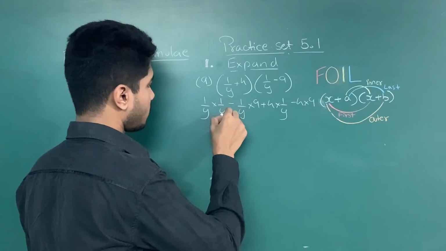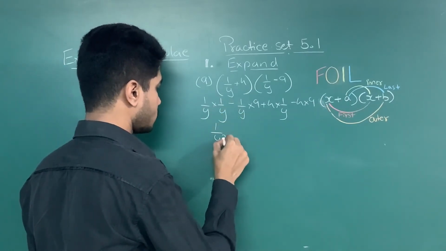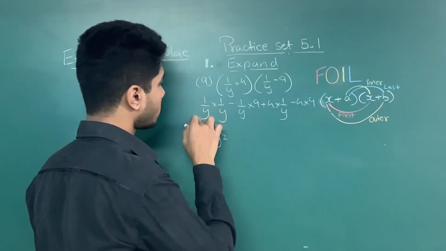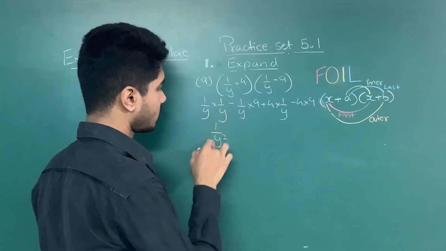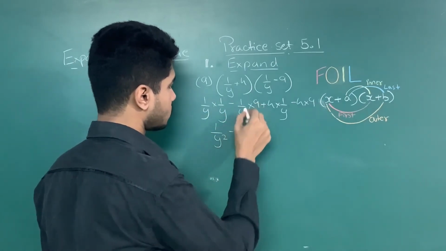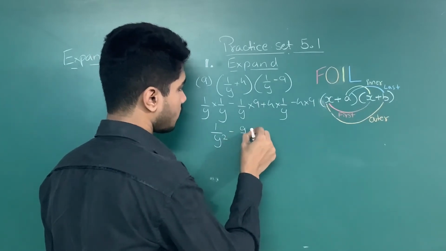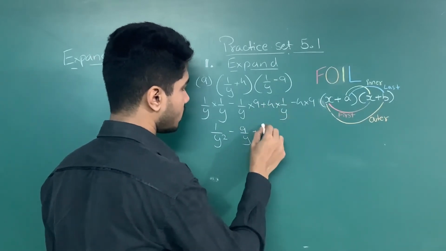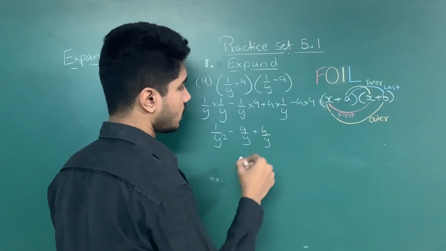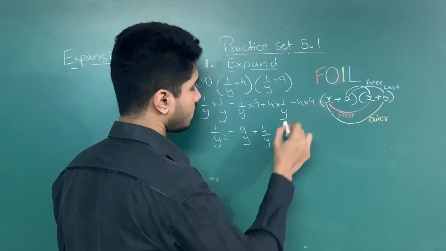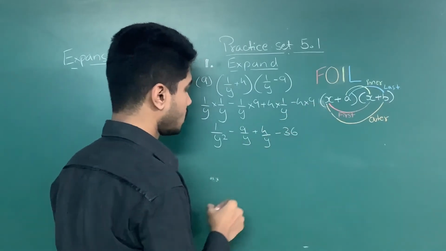1 upon y into 1 upon y will give me 1 upon y square, minus 9 into 1 will be 9 upon y, plus 4 into 1 will be 4 upon y, minus 4 into 9 is 36.